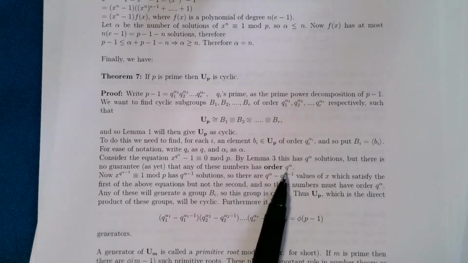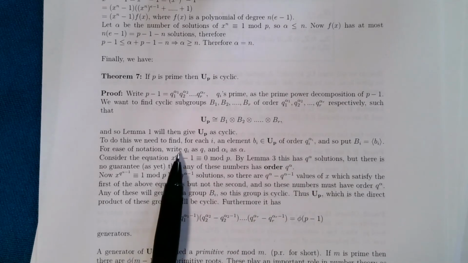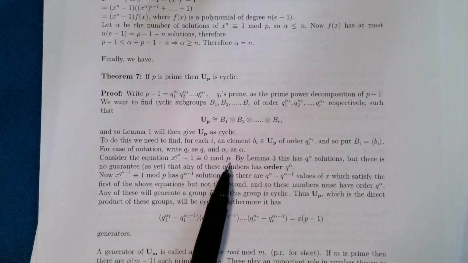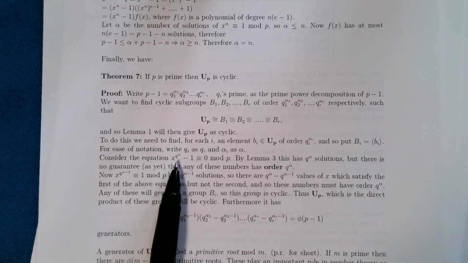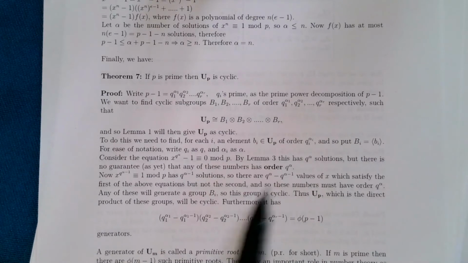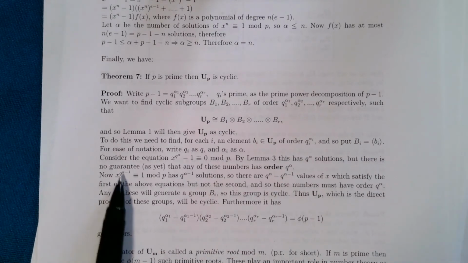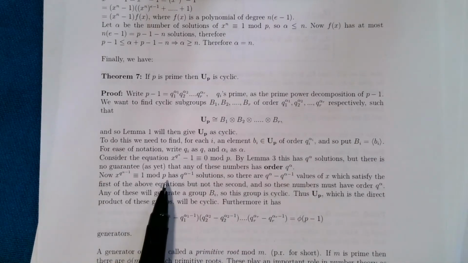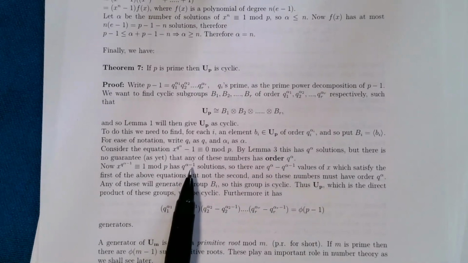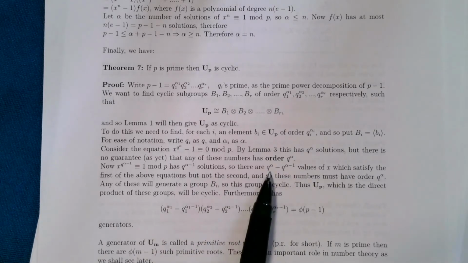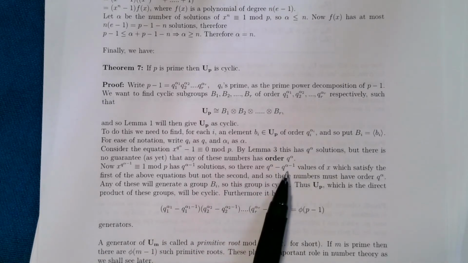It may be true that x to the q to the alpha is 1 mod p, but we don't know that this is the smallest power that makes it true. Now x to the q to the alpha minus 1 congruent to 1 mod p has, by our lemma, q to the alpha minus 1 solutions.